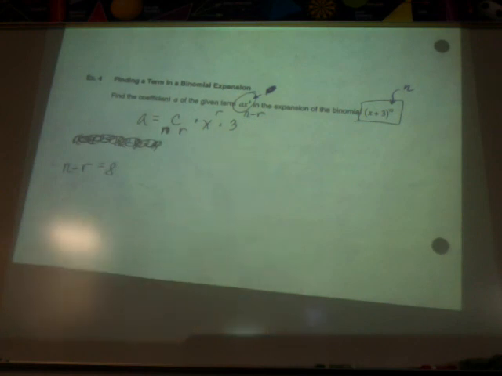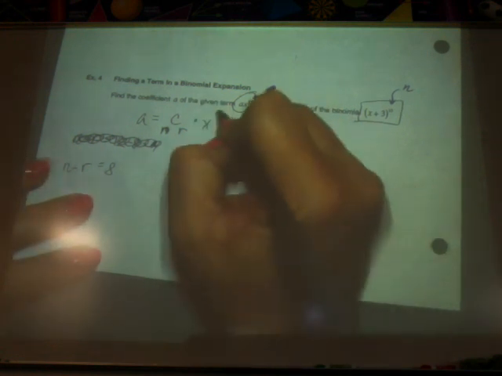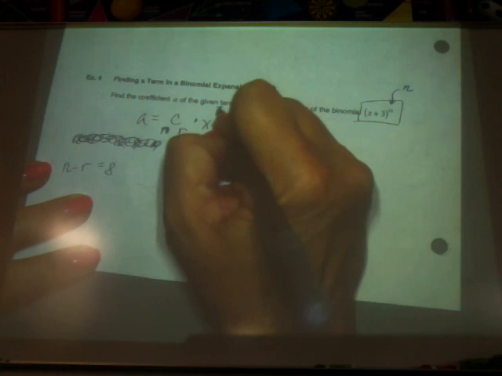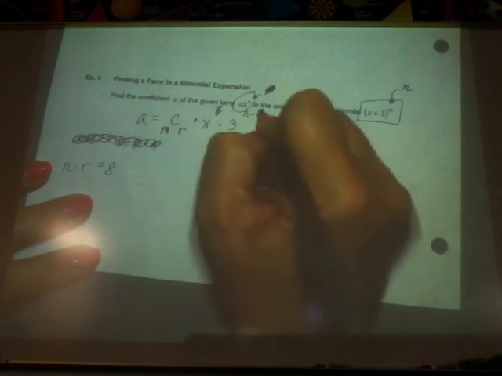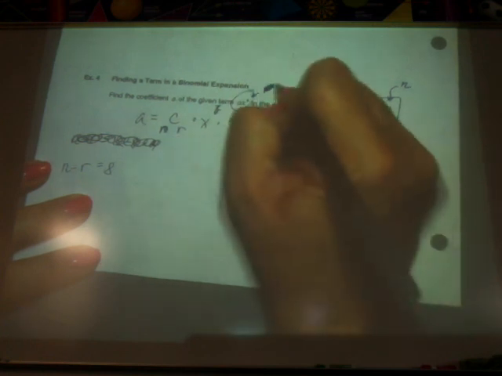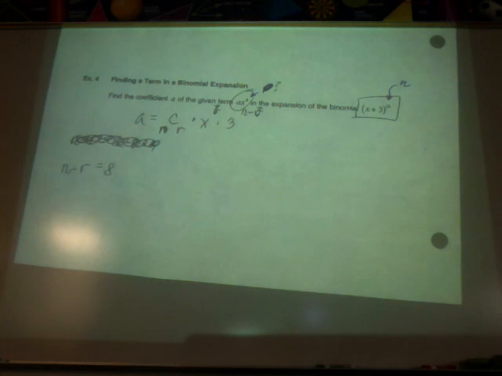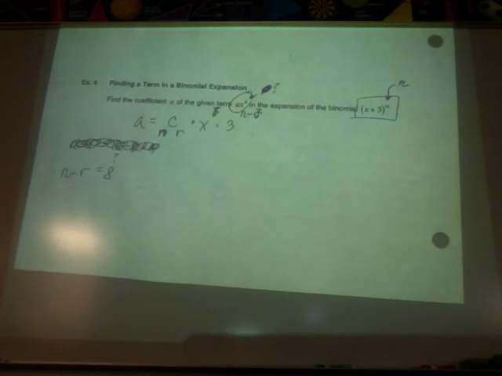So we'll call this a question mark, and this right here is your question mark. I don't really have a name for that, so this is going to be my question mark right there that I put there.